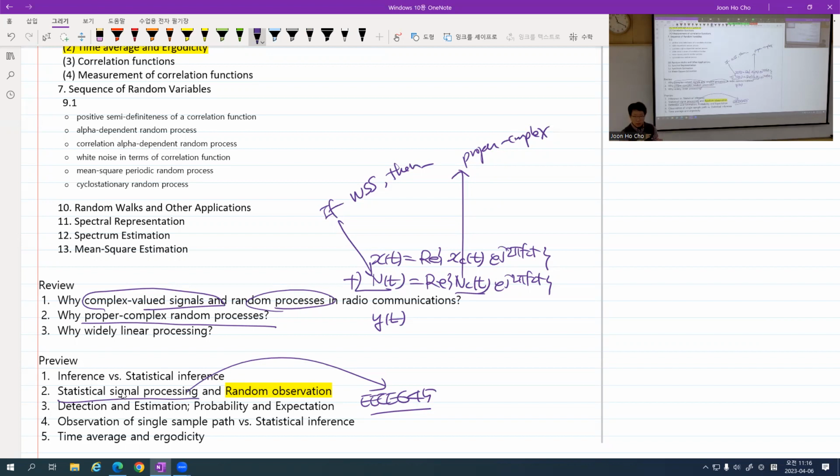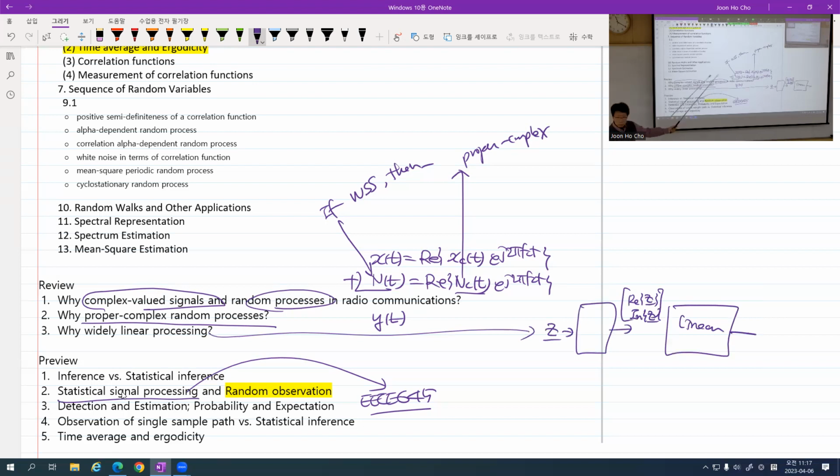Given a complex valued input vector, is it the simplest? Yes. However, after the simplest one, what would be the next simplest one? That is the widely linear system. There are two types of widely linear systems. One converts this Z into the real part of Z and the imaginary part of Z, and just processes them linearly.